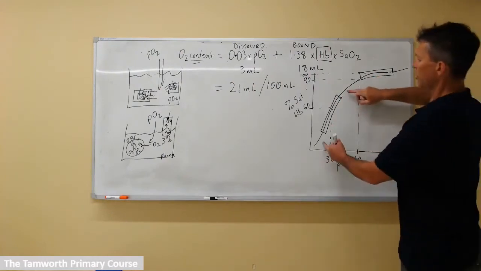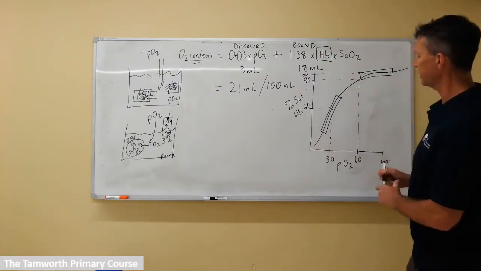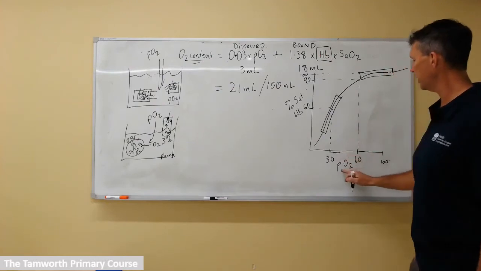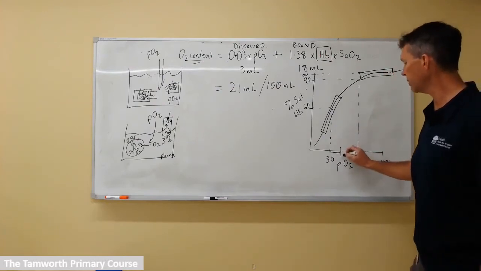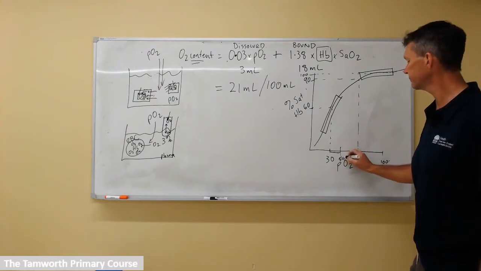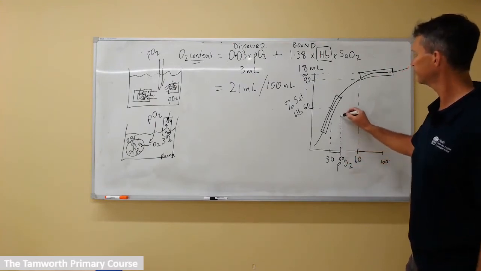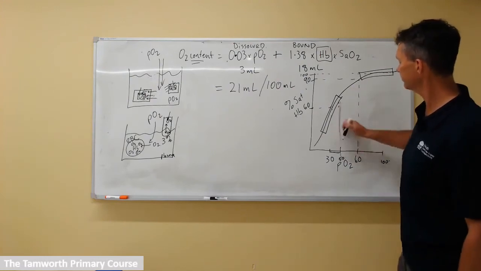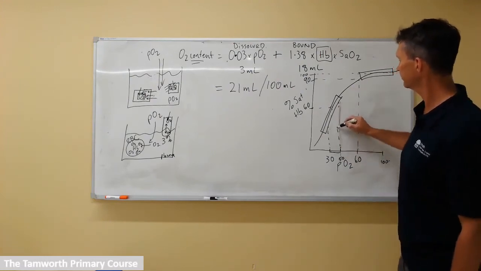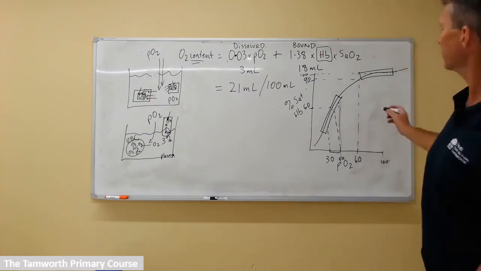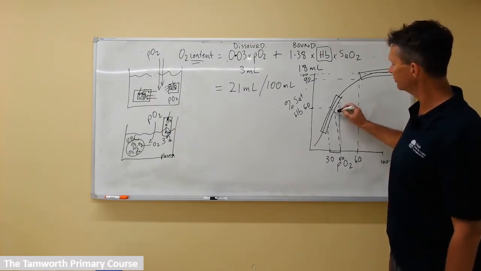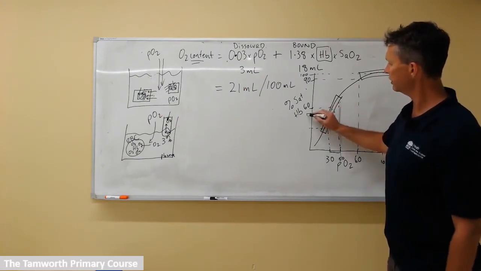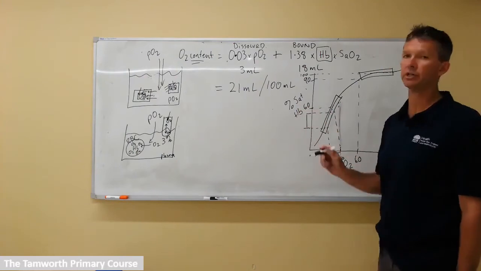The steep portion of the curve describes a situation where for a given change in PO2, and we'll talk about what that means, for a given change in PO2, we create a change in haemoglobin saturation.